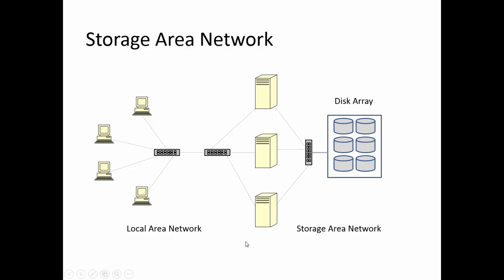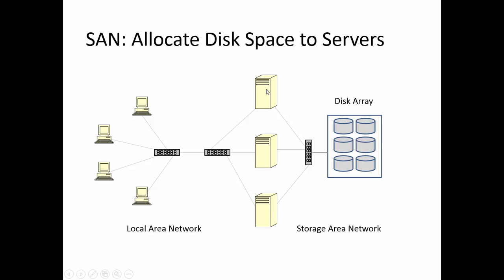So the storage area network is all within the server room. And then we can allocate, for example, 3 hard disks to the first server, only 1 hard disk to the second server, and to the third server only half of a hard disk worth of space.